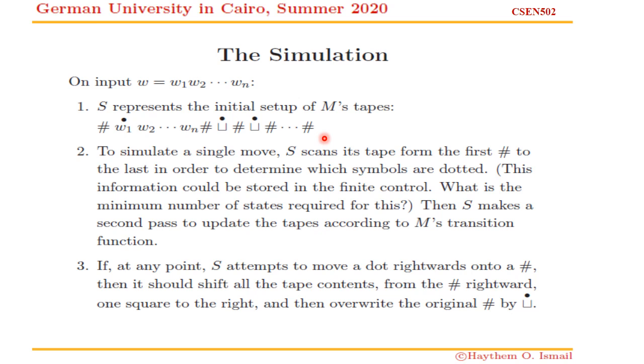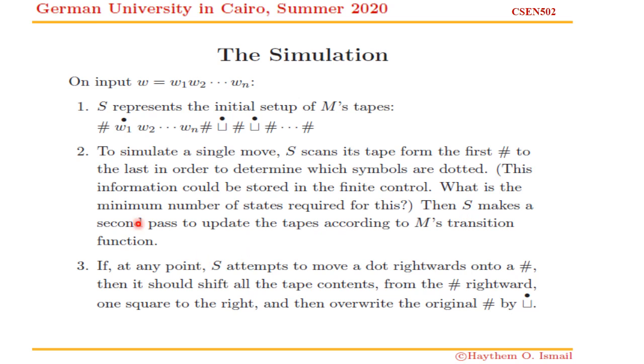And because we have finitely many tapes in M, and because the tape alphabet, being an alphabet, has finitely many symbols, the number of possibilities for where the heads can be pointing is finite. So we need only finitely many states to distinguish between all the possibilities for where the heads of M can be pointing. So on a first scan, S will identify the dotted symbols.